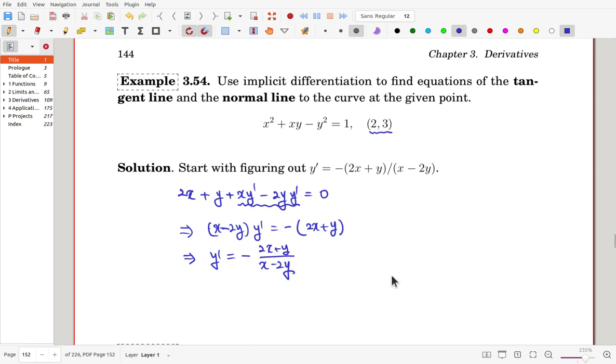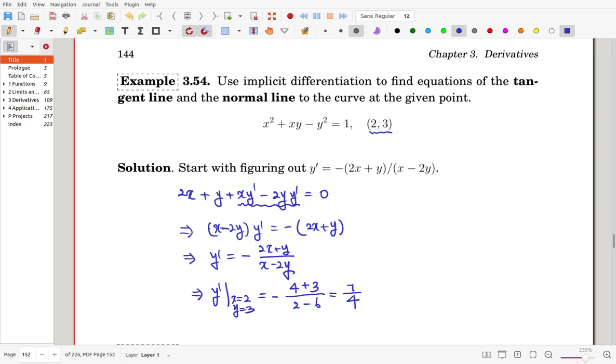But here we have to find y prime at x equal to 2 and y equal to 3, so y prime at x equal to 2 and y equal to 3 is the same as minus, okay, 4 plus 3, which is 7, and then 2 minus 6 is minus 4, so 7 over 4 is the slope.